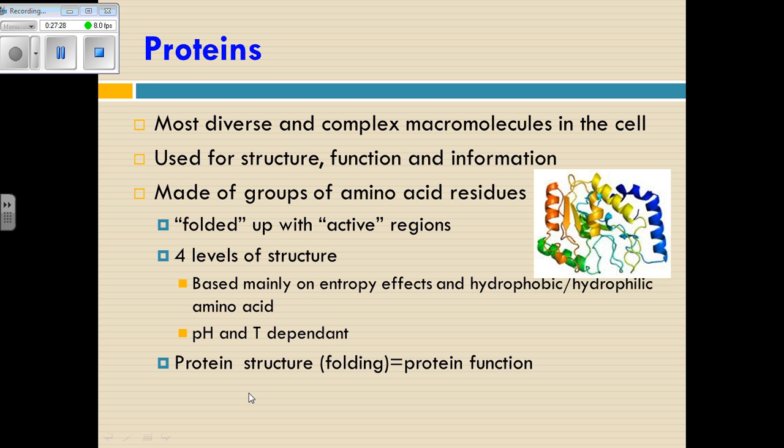An important truism is protein structure equals protein function. So if you know what a protein looks like, you know what it does. So this is a sort of common thing used by geneticists and bioinformatics. If you find a protein or a string of amino acids that are the same in a bacteria and a human, they're going to do the same thing.